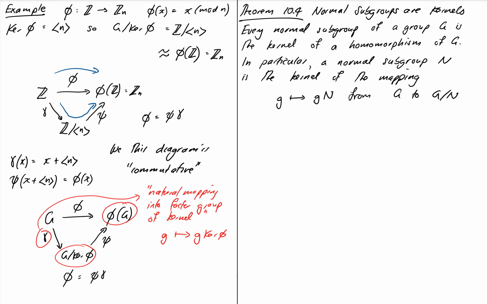Alright, so let's quickly show this is the case. We'll define gamma to be the mapping from G into the factor group G mod N by gamma of g equals gN. This is called the natural homomorphism.